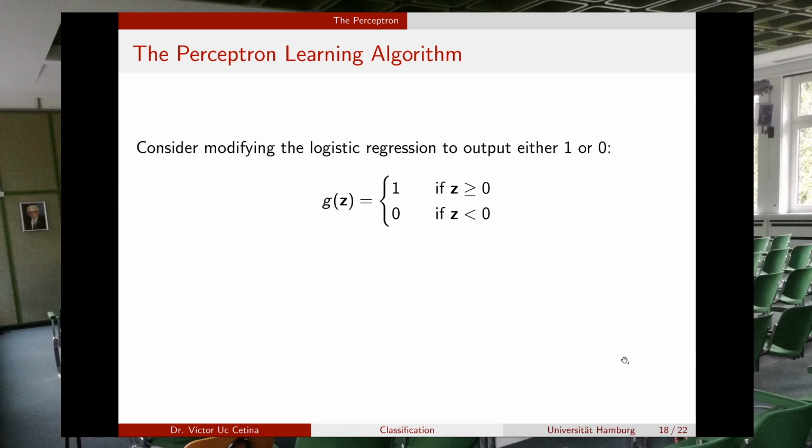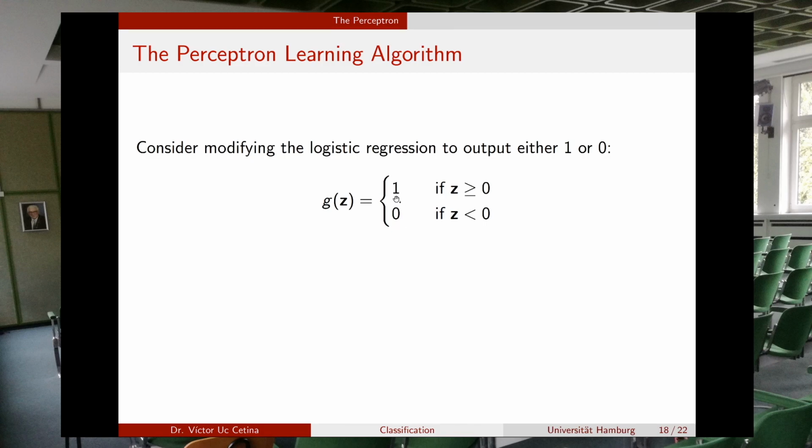Okay, now let's talk about the Perceptron Learning algorithm. The difference between the Perceptron Learning and logistic regression is that instead of using the logistic function or sigmoid function, we're going to use this step function.